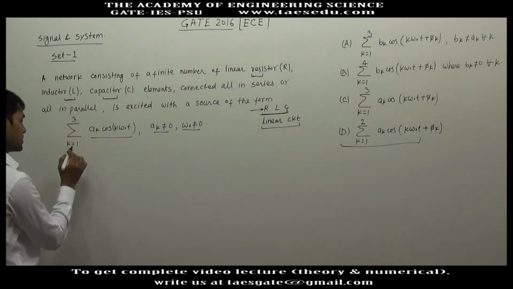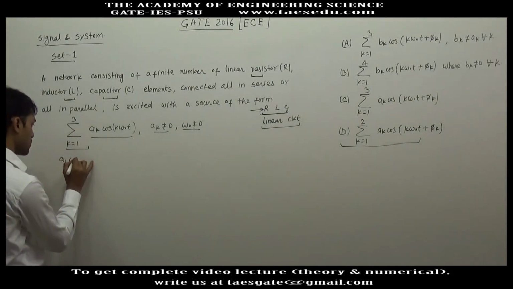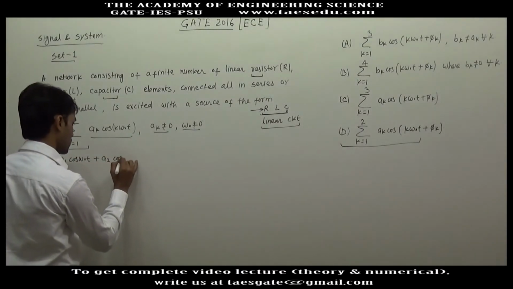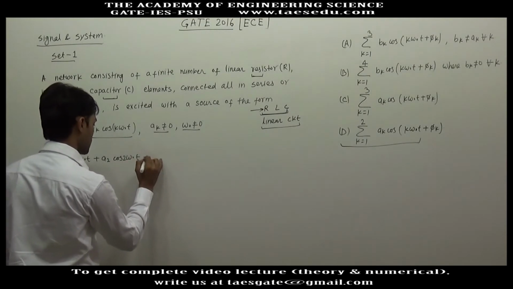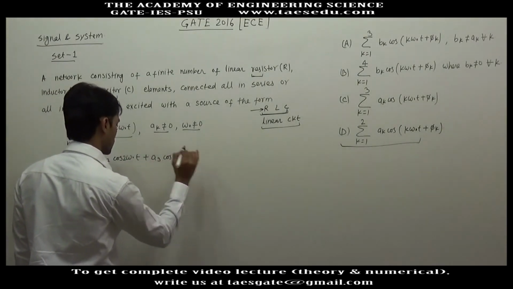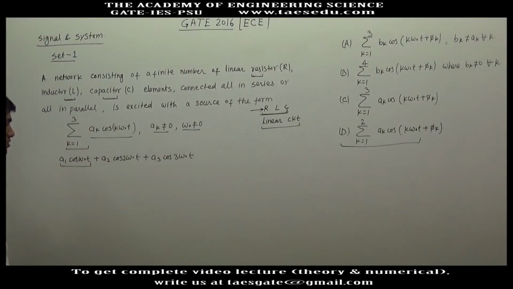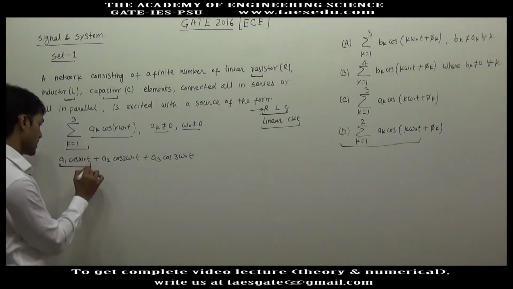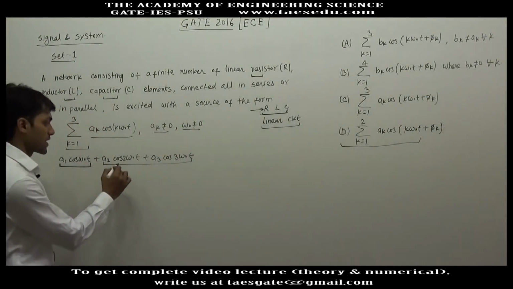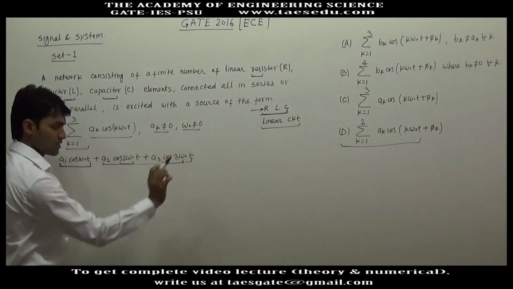It means the source, if I open this series, will be A1 cos omega naught t plus A2 cos 2 omega naught t plus A3 cos 3 omega naught t. Let's say this is the fundamental component. So in this source we can say that along with the fundamental component, two harmonics are present. One is the second harmonic and the other is the third harmonic.